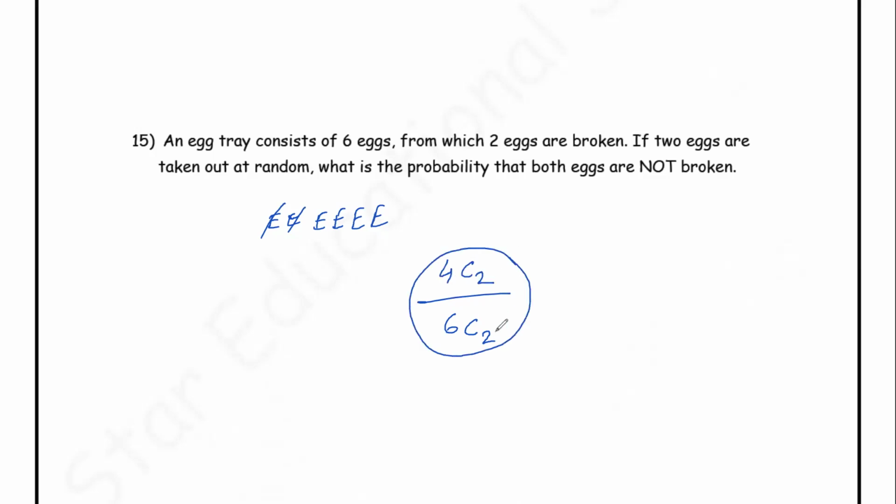So that's my answer. That would be 4 into 3 upon 1 into 2, and then upon 6 into 5 upon 1 into 2. So 6 goes into this 2 times, 2 by 5. 40% or 2 by 5 is my answer. That was easy.